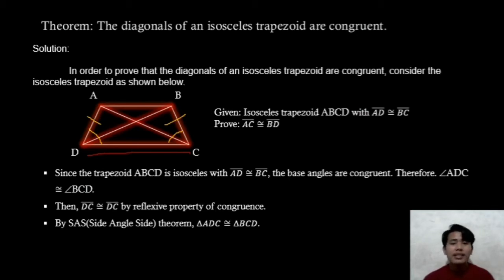SAS means that side AD, this one, side AD with angle D and side BC, or side BC with angle C and side BC.